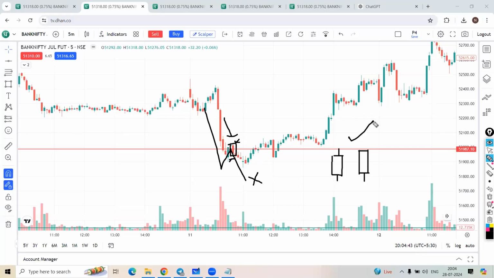This is taking resistance. This is crossing. Many traders might be doing it the wrong way or be confused, but that's the reality, and it is very important to understand. Here it is crossing. This is resistance. Clear enough?